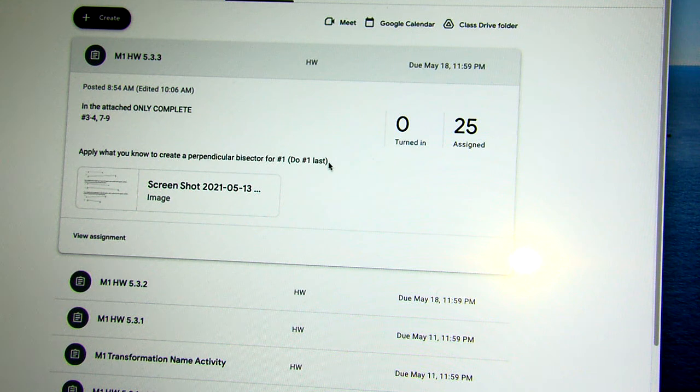I kept this as your kind of challenge problem because the perpendicular bisector is an aspect of all the things we've learned. We're just doing a perpendicular line right there. So I'm giving you that as something we didn't explicitly talk about, but I think it's something that you already learned and you'll be able to accomplish it. So just do number 1 last, guys. That's what I was pointing out.